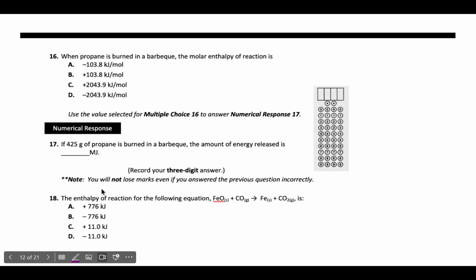When propane is burned in a barbecue, the molar enthalpy of the reaction is. So propane would be C3H8. Again, if you're not sure, page 4 or 5 of your data booklet. We're reacting it with oxygen to produce carbon dioxide. And if you picture a barbecue, there are some holes in there to let the gas escape, so water can escape as a gas.